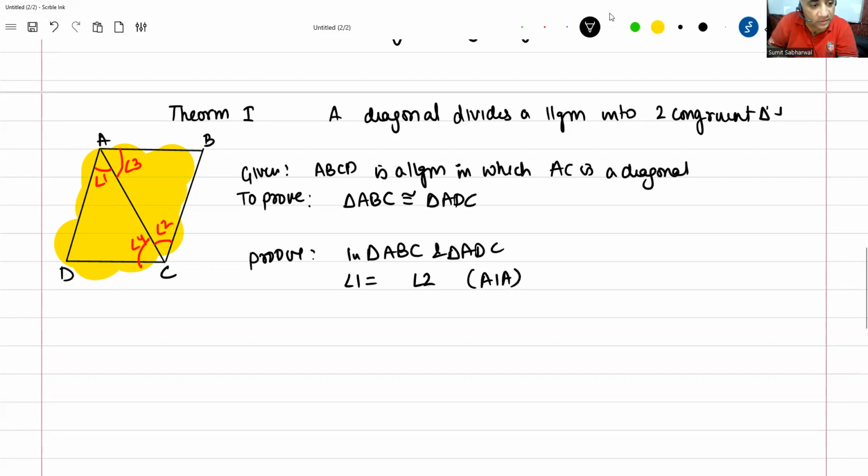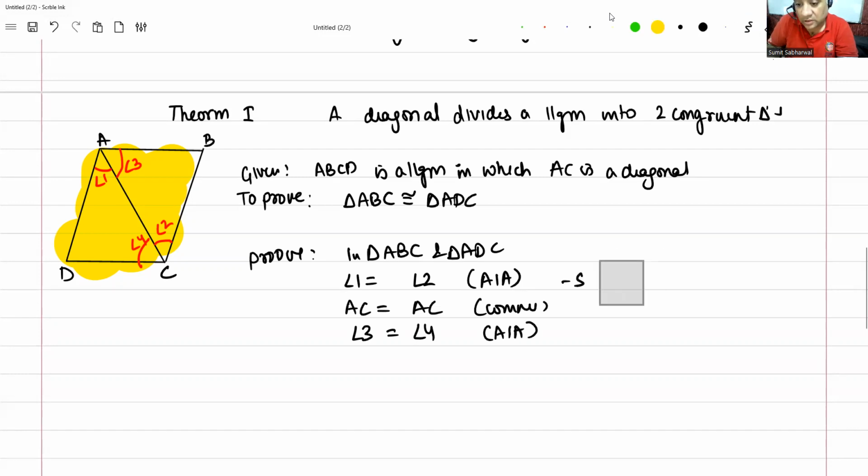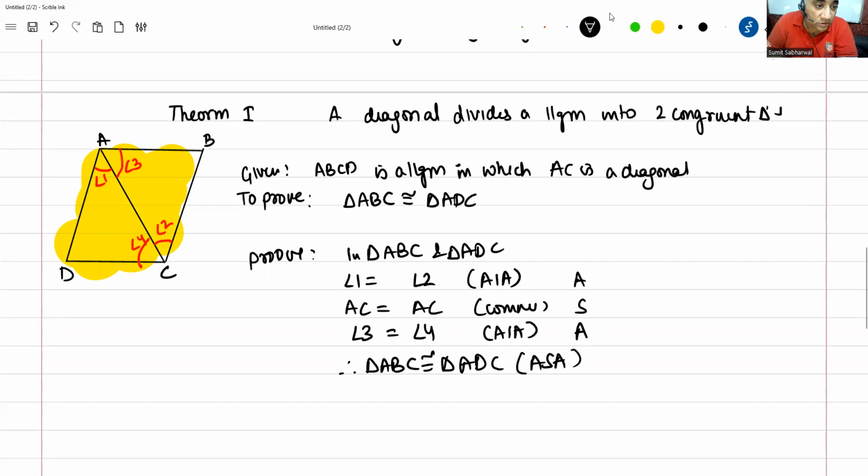Alternate interior angles. Then, kids, AC is common. And angle 3 is equal to angle 4, also alternate interior angles. So the triangles are congruent by angle, side, angle. Therefore, triangle ABC is congruent to triangle ADC by ASA. This is what we had to prove. I hope this is clear.